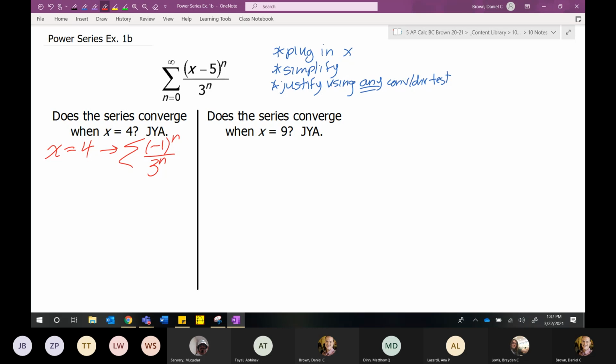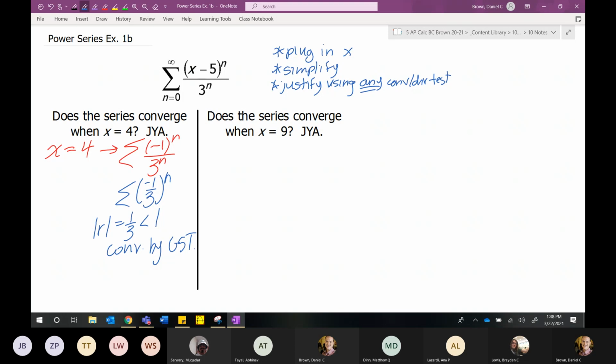Geometric. It is an alternating one, but geometric is a lot easier to justify. So I could rewrite it like this. And then we're going to justify it just like we did on the quiz. So we have the absolute value of r is equal to 1/3, which is less than 1. So it converges by the geometric series test.